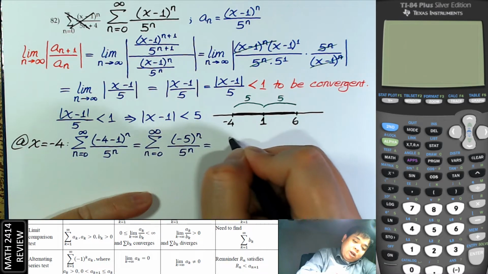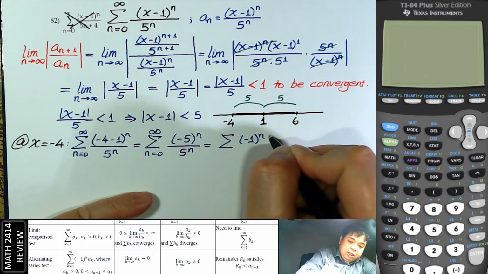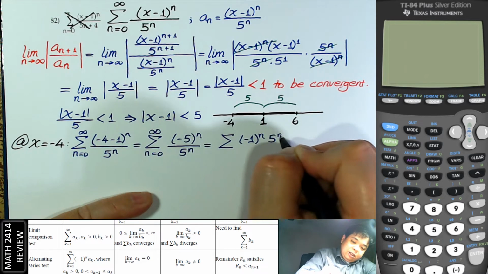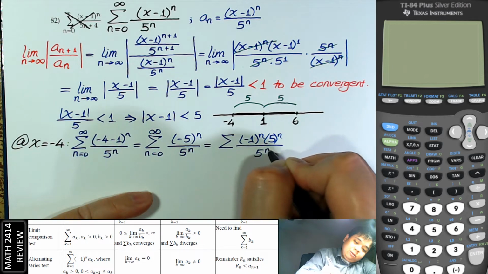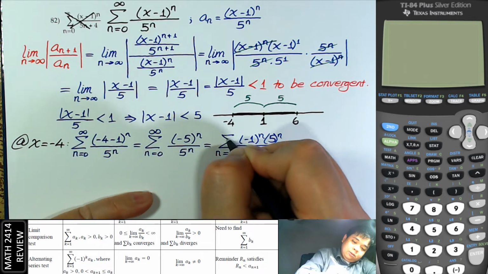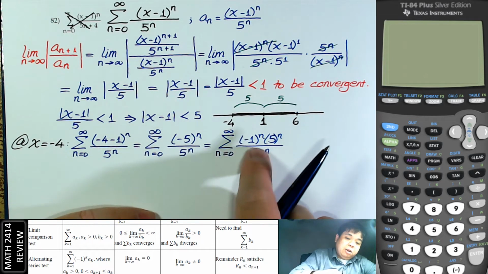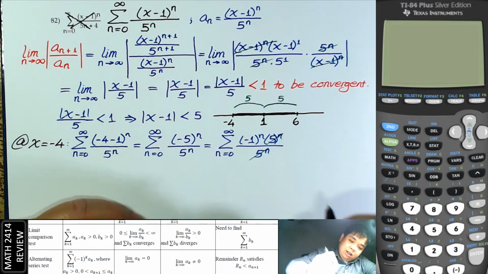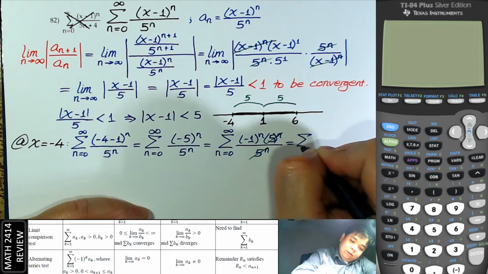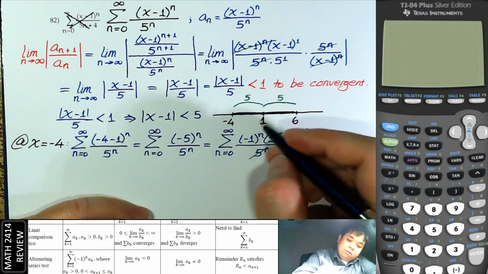Negative 5 to the n we can write as negative 1 to the n times 5 to the n. Yeah, negative 5 is negative 1 times 5. Now we cancel this out, and we have negative 1 to the n.